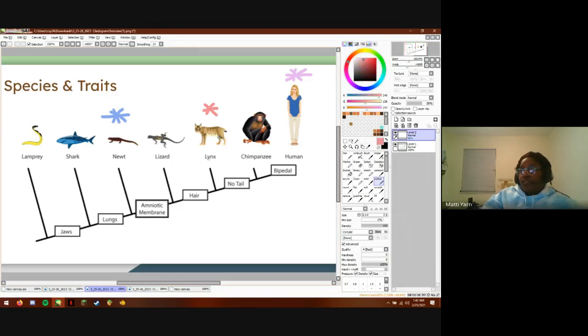Okay, so this is the human node, and this is the lynx node, and I'm going to draw to their common ancestor. Okay, so this is the lynx human common ancestor. I'm going to abbreviate CA for common ancestor.